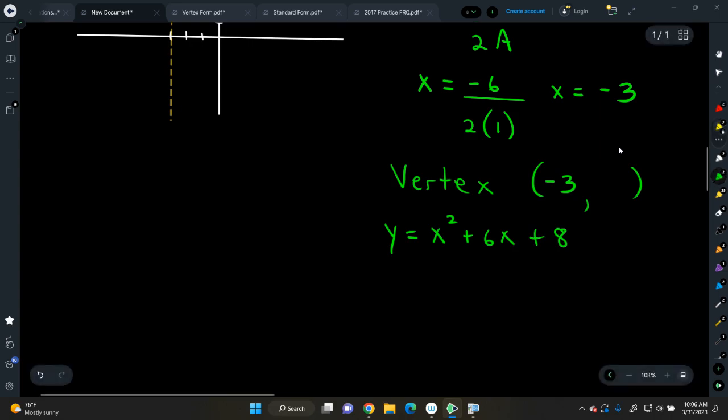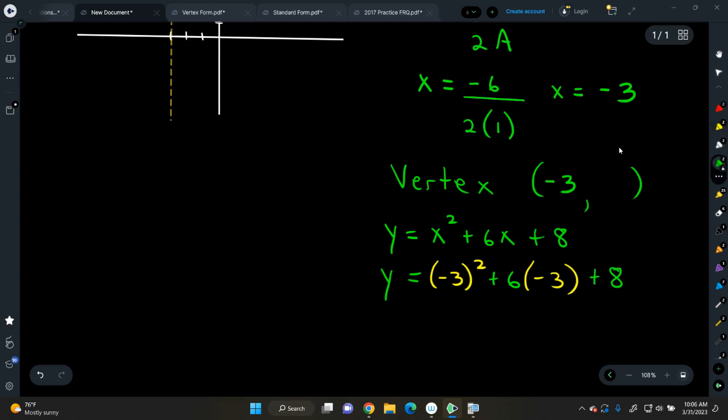So what do I do? We're going to plug it in. Y equals negative 3 squared plus 6 times negative 3 plus 8.